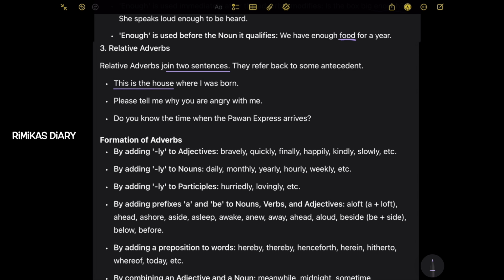So here this is sentence 1, and for sentence 1 and sentence 2, I'm going to mention S1, S2. So this is sentence 2. Please tell me: sentence 1.